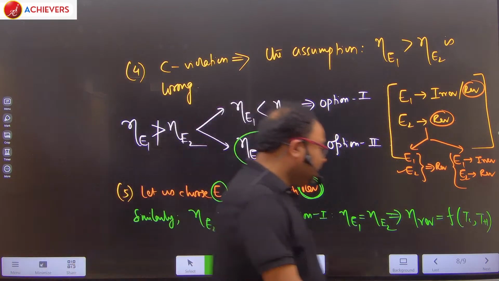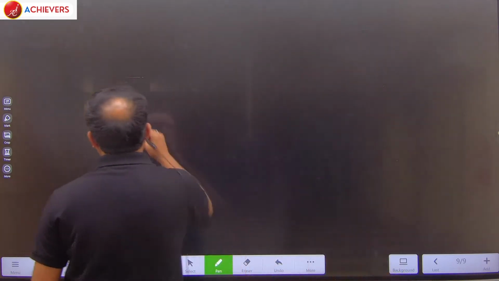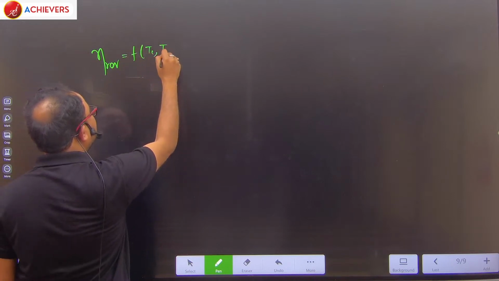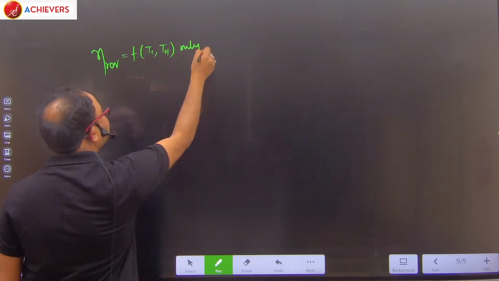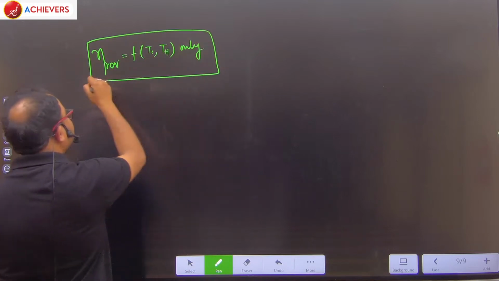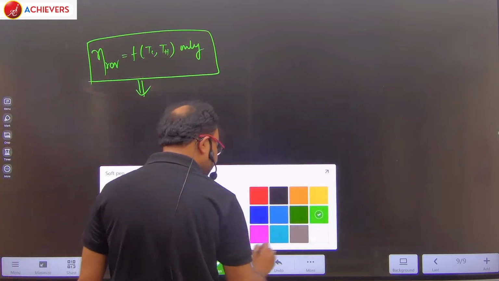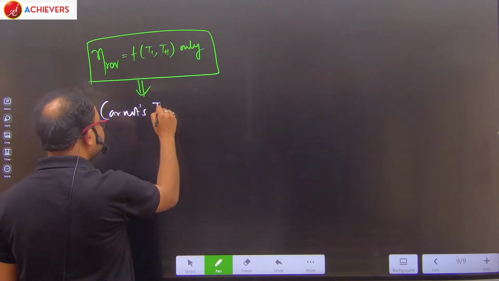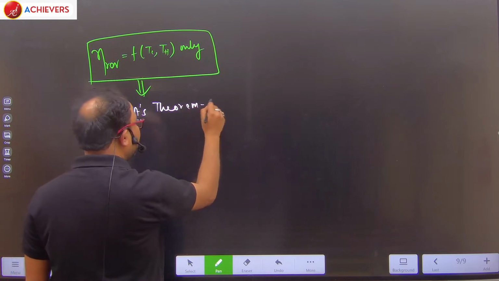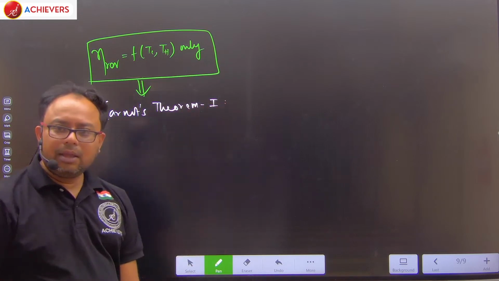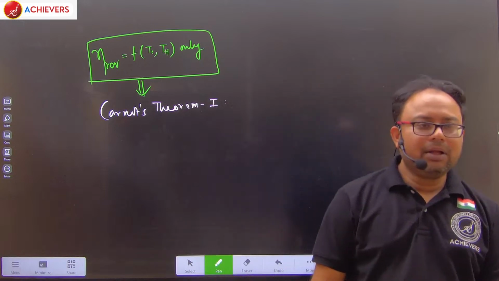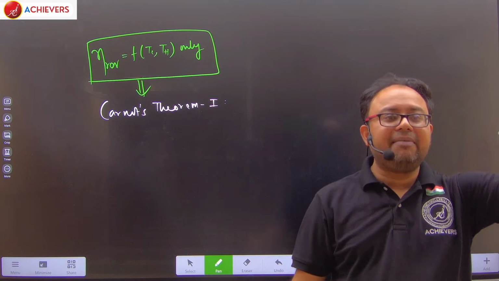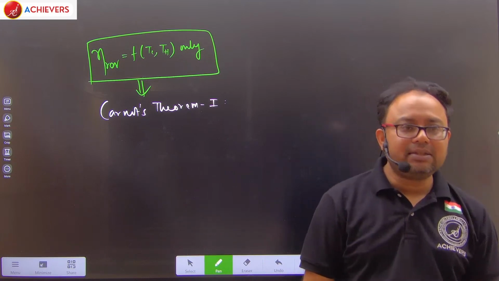And from here, Carnot's theorem 1 sprouts. Eta reversible equal to a function of TC and TH only. This leads to Carnot's first theorem. According to this theorem, any two reversible heat engines working between the same temperature difference have the same efficiency.